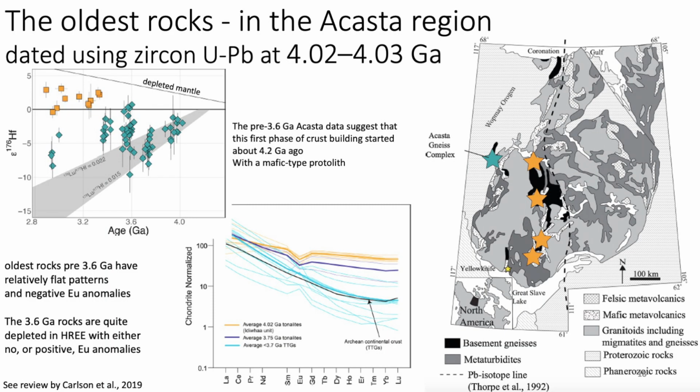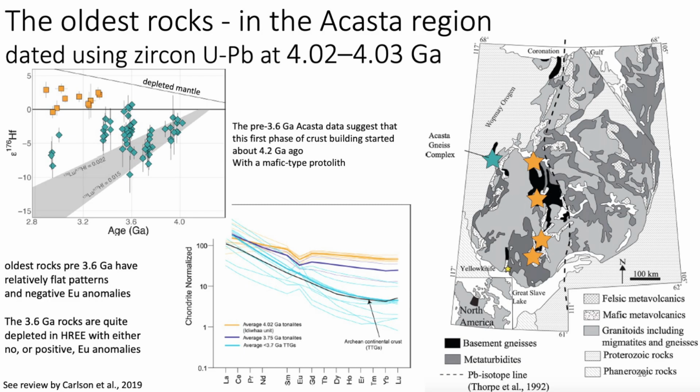Now I will move also to some indication given by the rare earth elements. We have the most ancient rocks here in yellow, the slightly younger ones in blue, this purple one, and this black one here that I will try to describe.